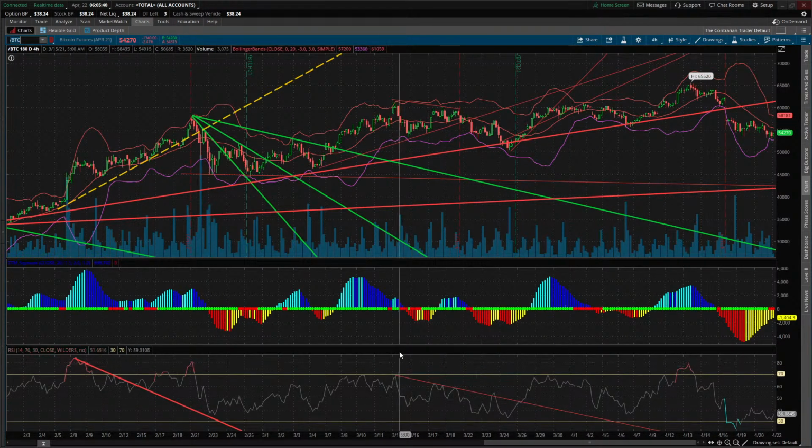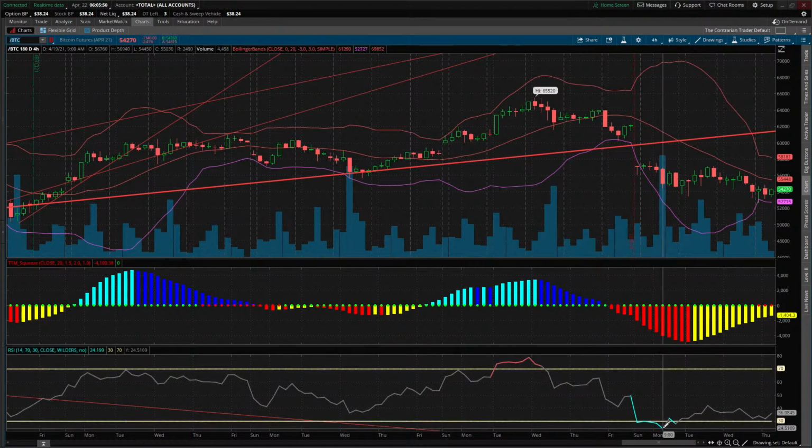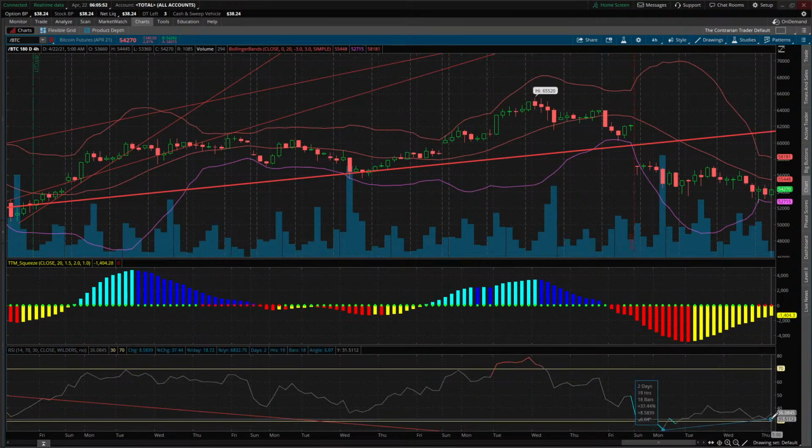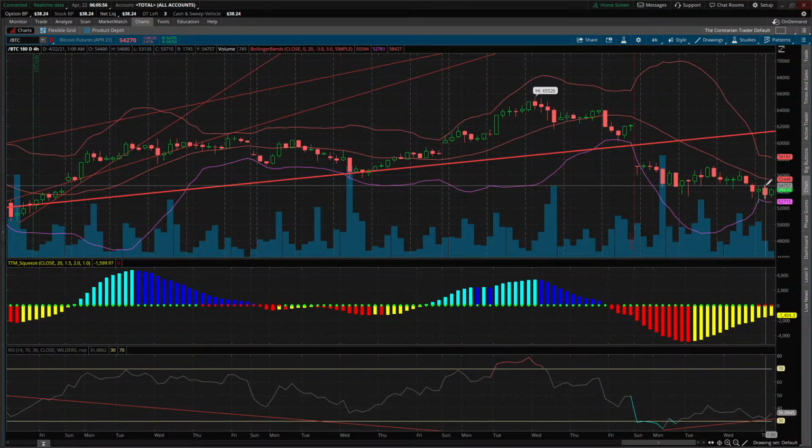Looks like we're trying to put in a higher low here on RSI. You have a little W formation above the 30 mark, bullish. We have a nice consolidation building here.